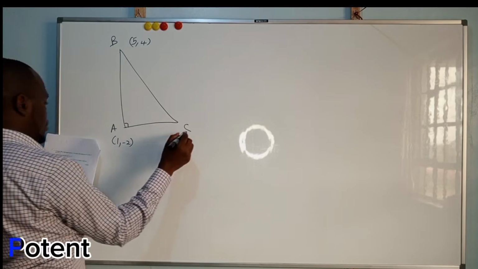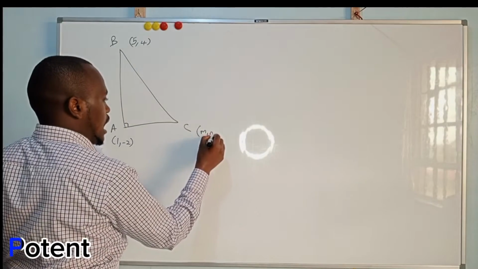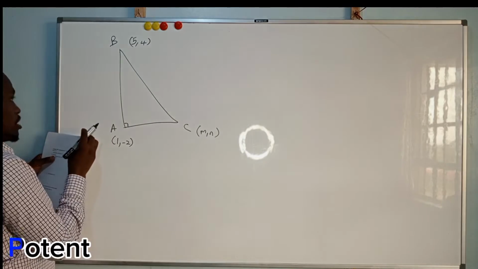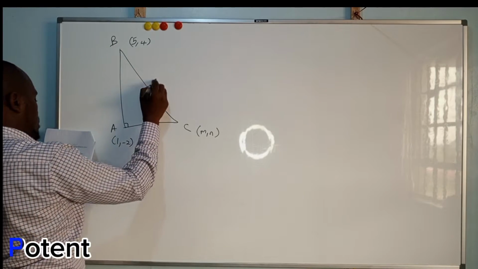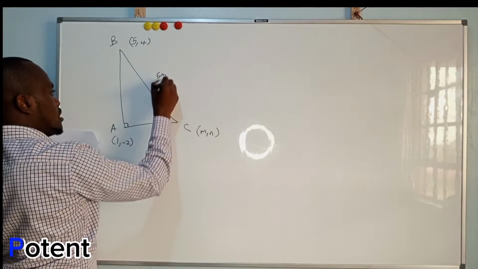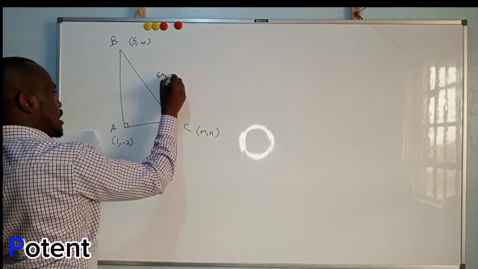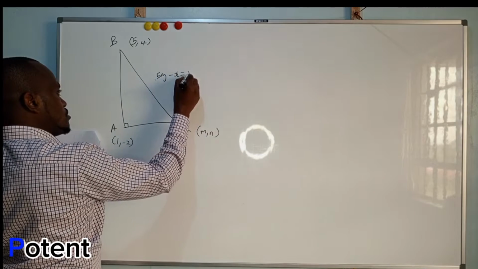And point C is (m, n), unknown. The equation of BC is 5y minus x equals 15.